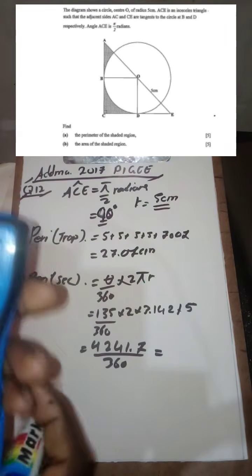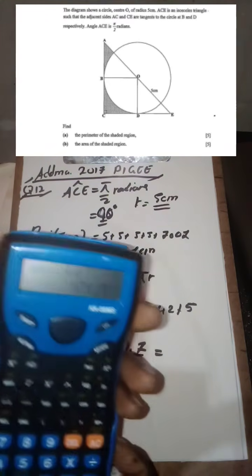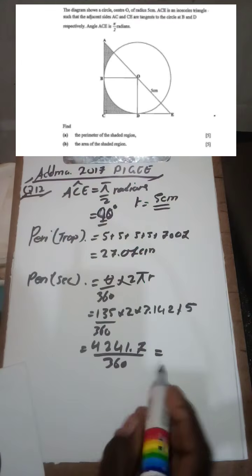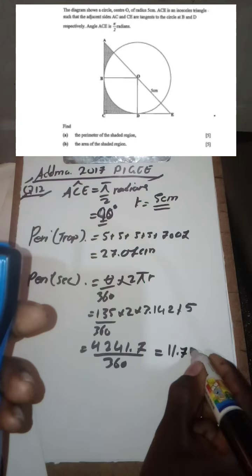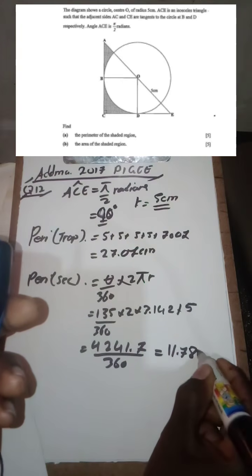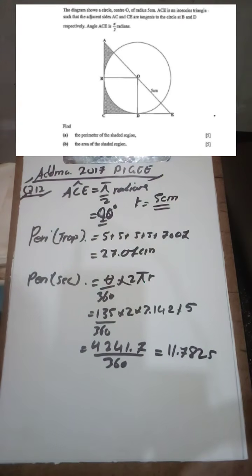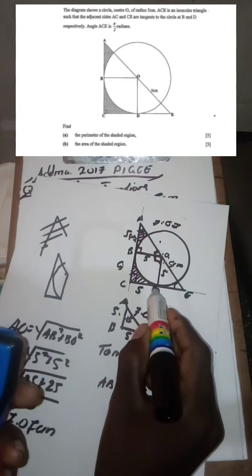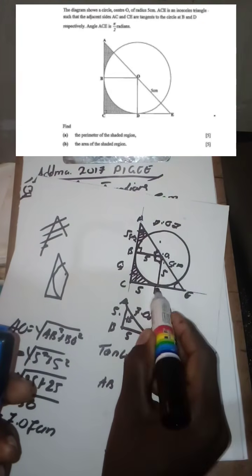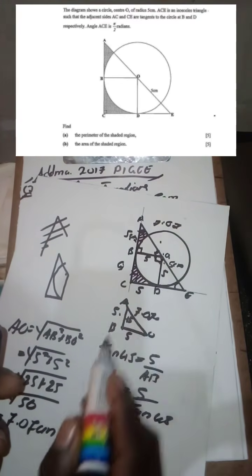Divide by 360. Right there. So what you're going to get is 11.7825. So remember, this that you have found is not the total perimeter of the sector. It's just the distance from this point to that point. Now you have to add this distance and that distance.